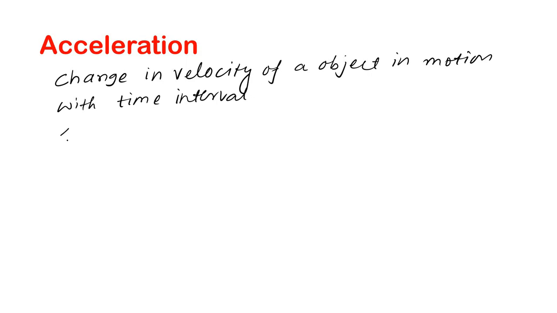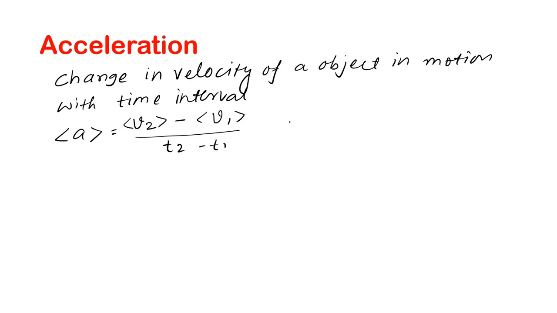So average acceleration a is defined as velocity v2 minus velocity v1, divided by t2 minus t1, right?